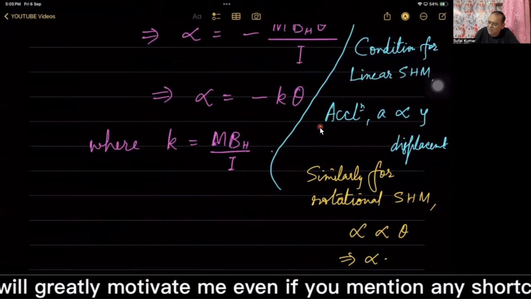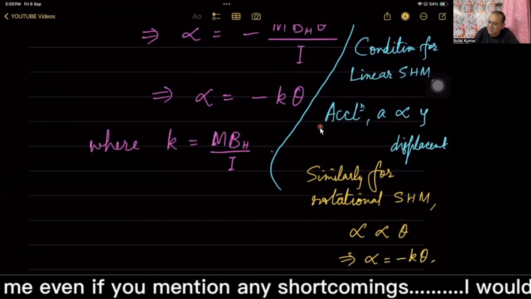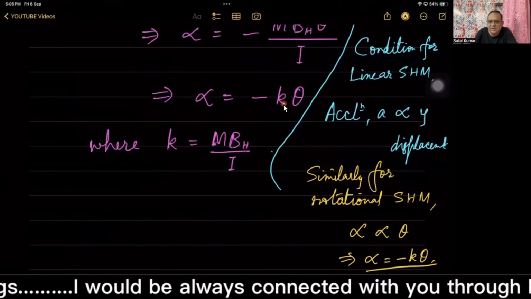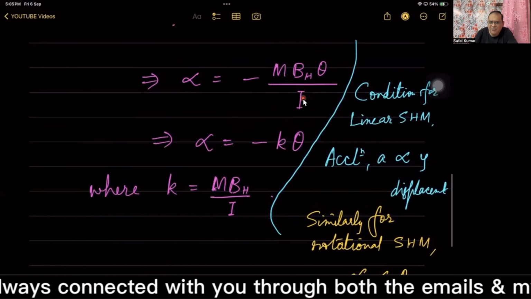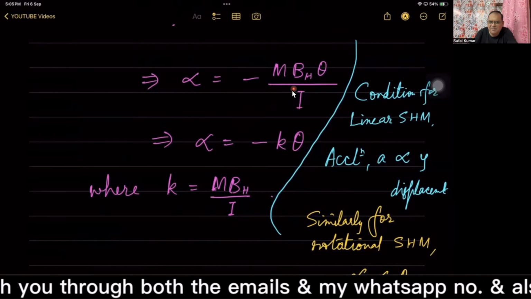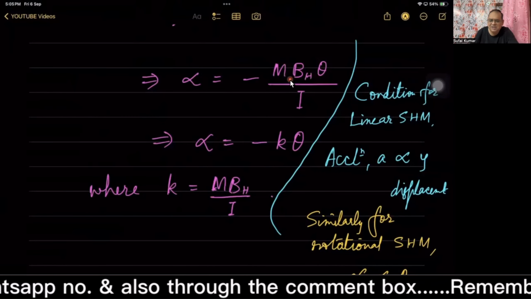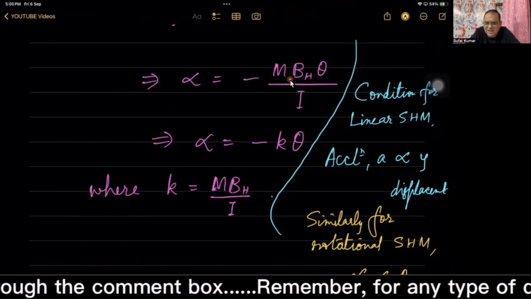That means alpha is equal to minus k theta. That's what we have acquired here also. And if you go to the previous step, alpha is equal to minus mBH theta upon I. That means here also it is in SHM.